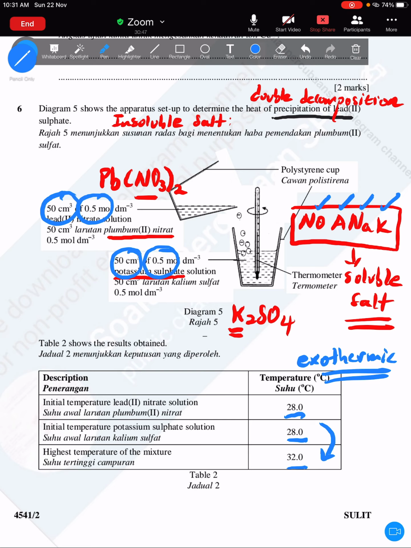Let's say I want to calculate the mole. Of course, I'm going to use the formula MV over 1000. Therefore, M will be 0.5 and V will be 50, divided by 1000. Take out your calculator. I think this question is going to involve calculation.